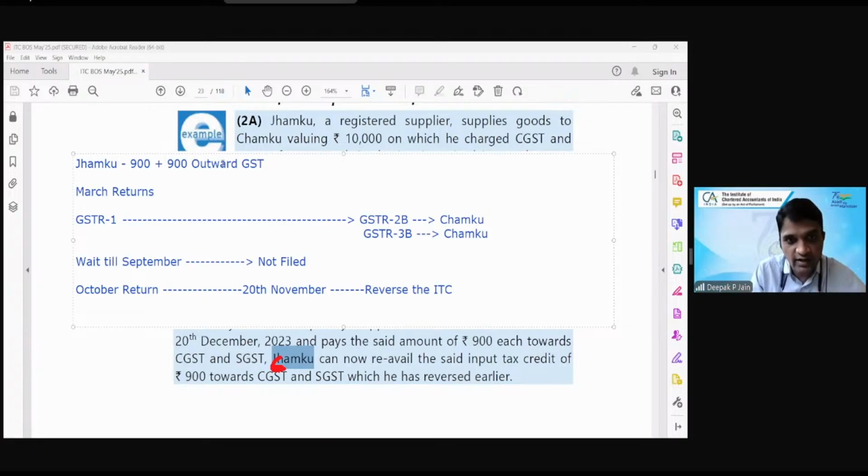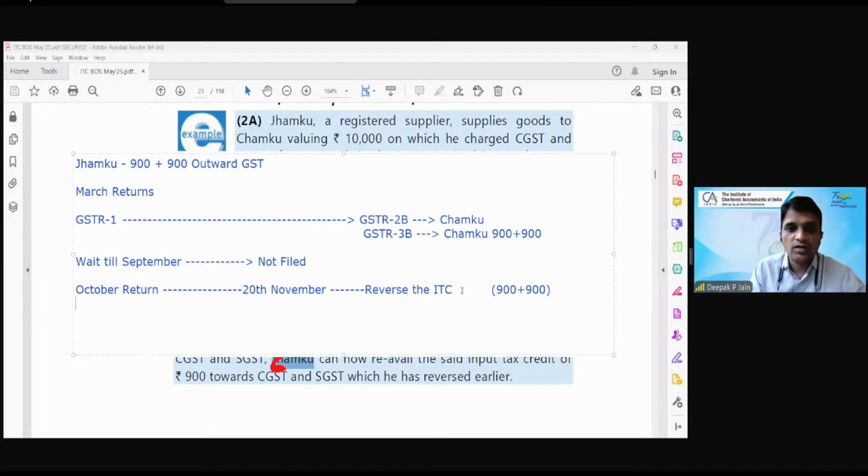This 900 and 900, what he's claimed here, this has to get reversed. So if you see the values here, it will be 900 plus 900. He's claimed it. And here it will come minus, the negative value of 900 plus 900. So credit जो लिया उसको reverse कर दिया.